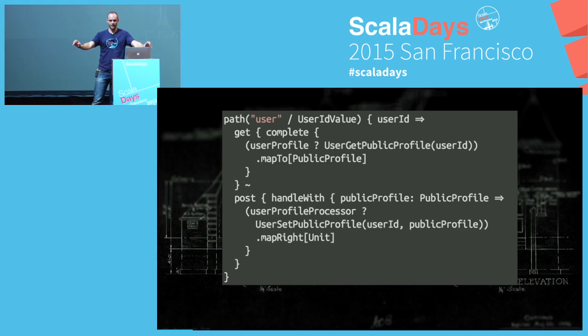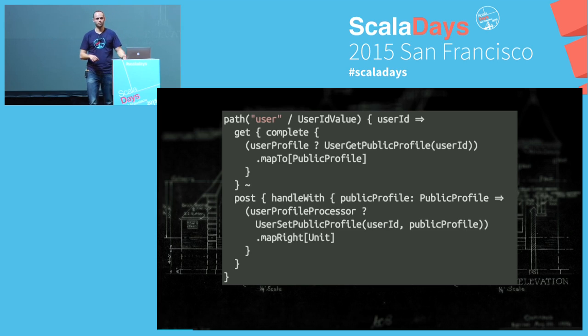And I need to send this individual actor the get public profile message. And I expect to get a response from that one actor of type public profile. And that completes the request. So a future of public profile completes a get request for user/UUID. And there we go, that's what the application displays.